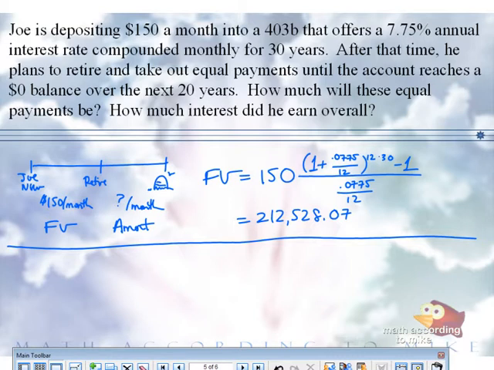So in our amortization formula, which happens to be over there, our present value is that 212 number. Again, we're assuming the interest rate has not changed for the period of the loan.